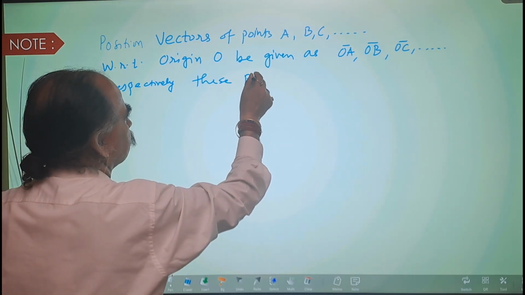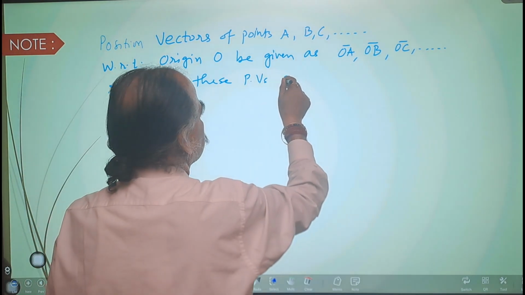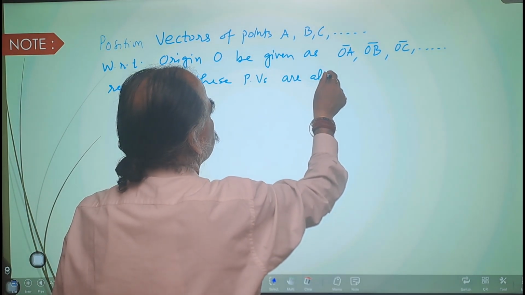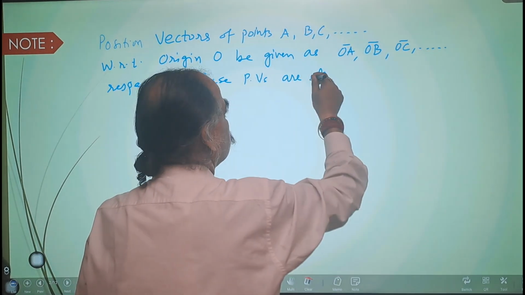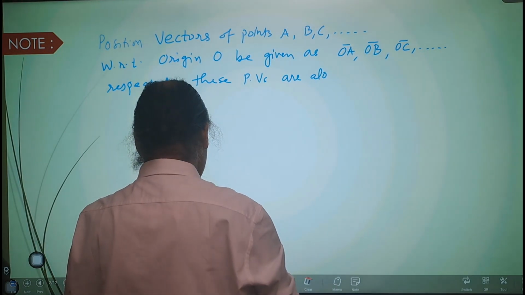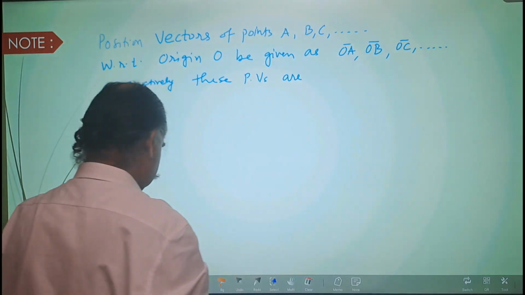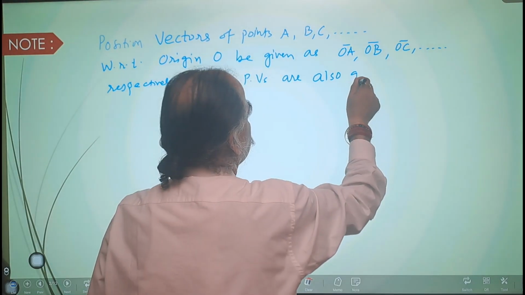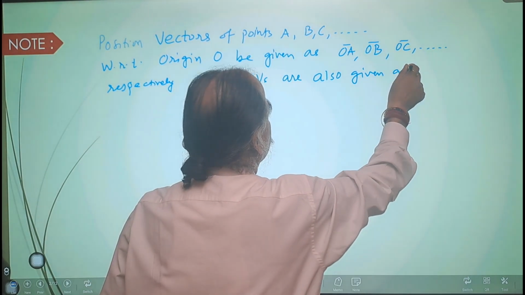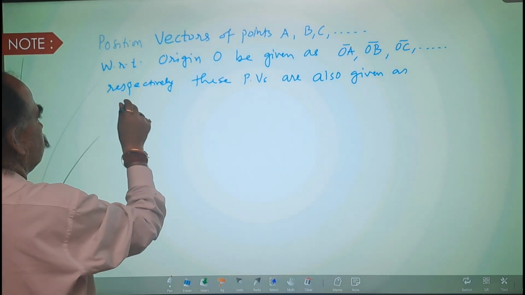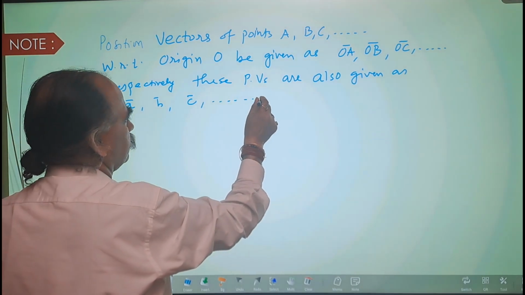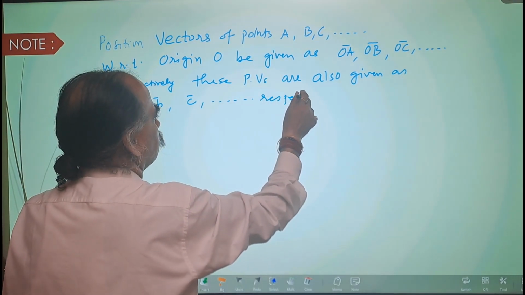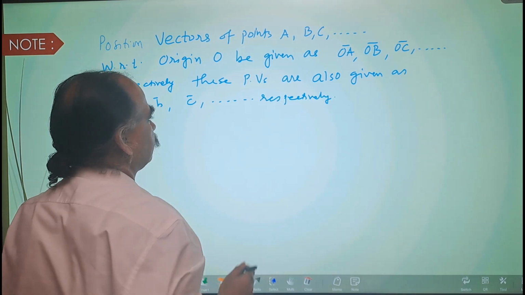These position vectors are also A bar, B bar, C bar, and so on, respectively.